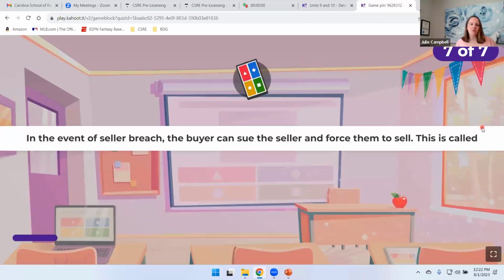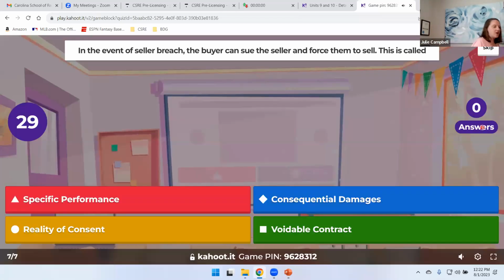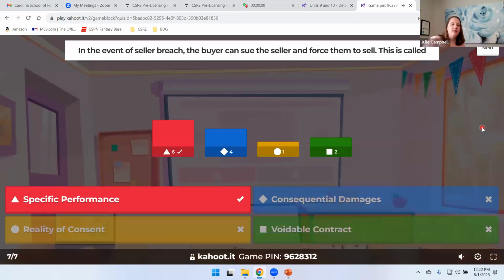And the last one, in the event of seller breach, the buyer can sue the seller and force them to sell. This is called specific performance.